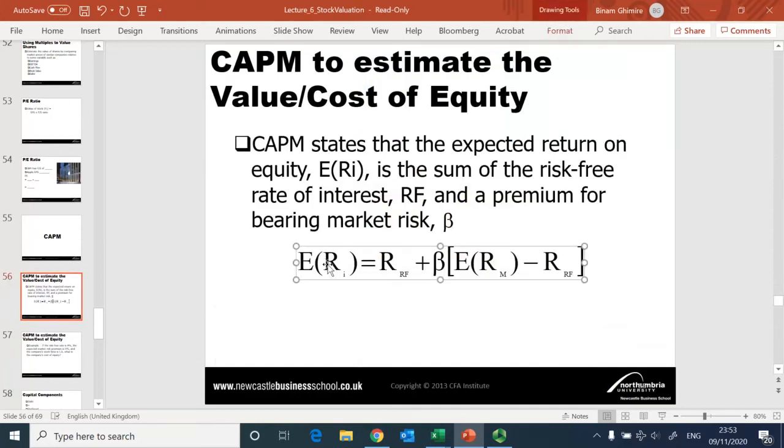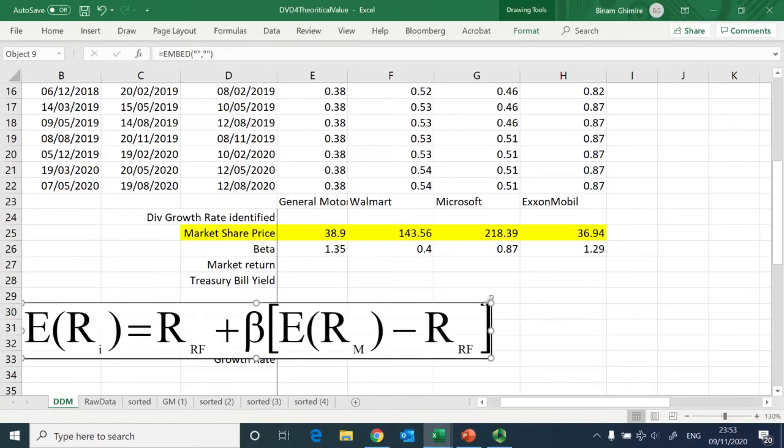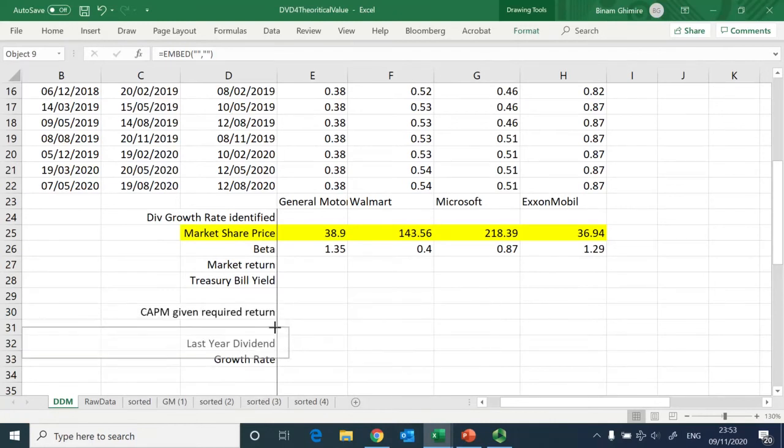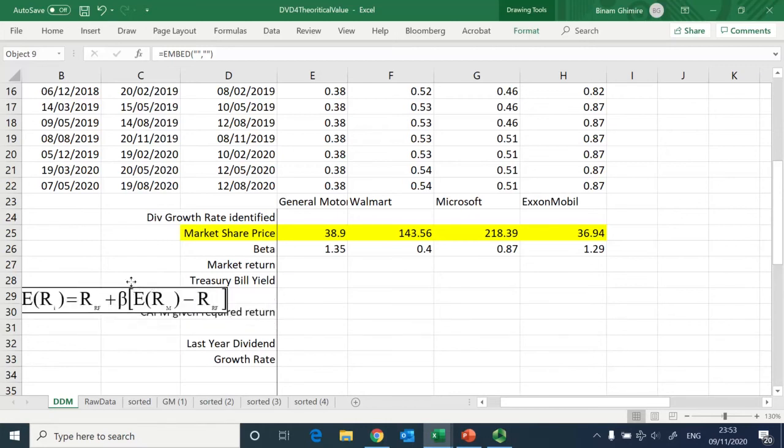I'm going to copy this formula and paste it here so that you can see what I will be doing in order to compute the CAPM given rate of return. So I need the risk-free rate plus beta times the market return take away the risk-free rate.